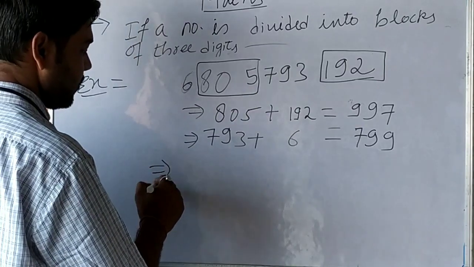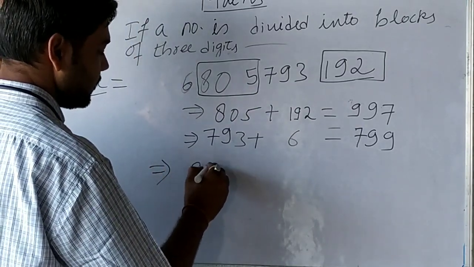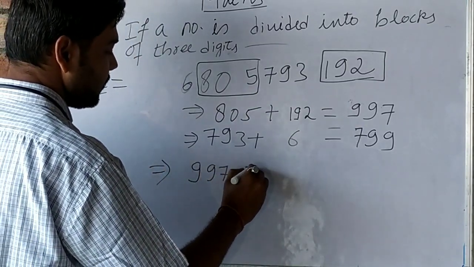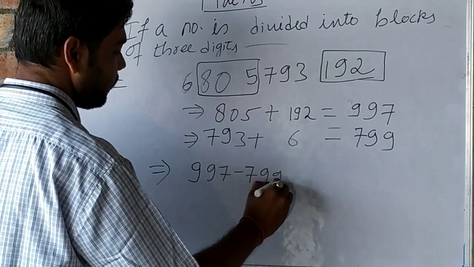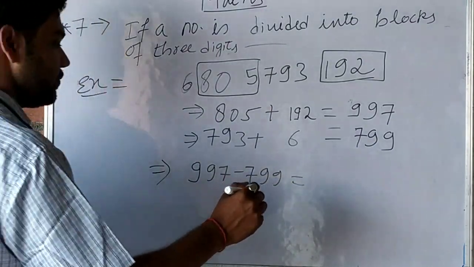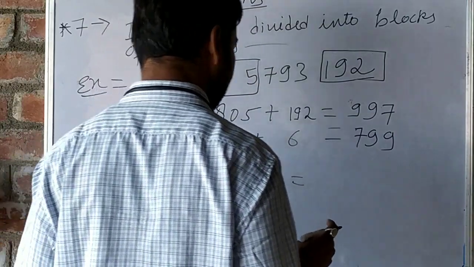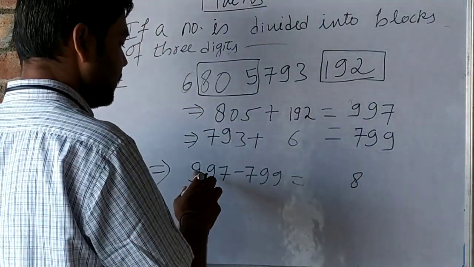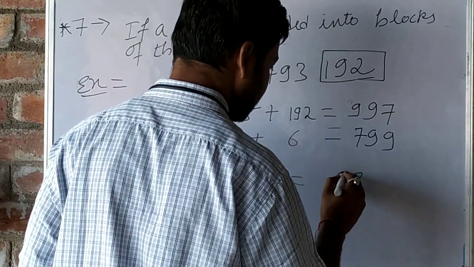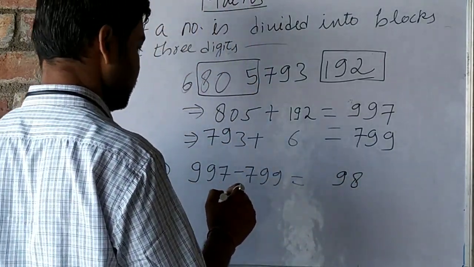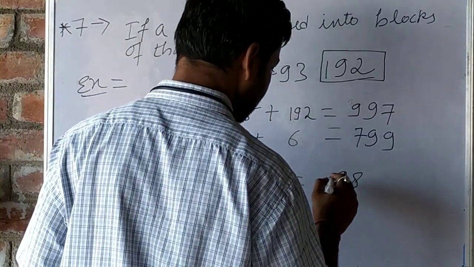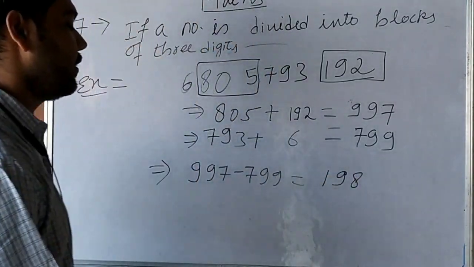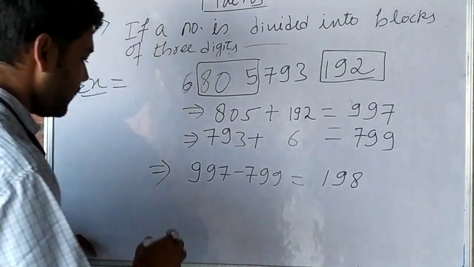Now we will subtract it. 997 minus 799. The result is 198.